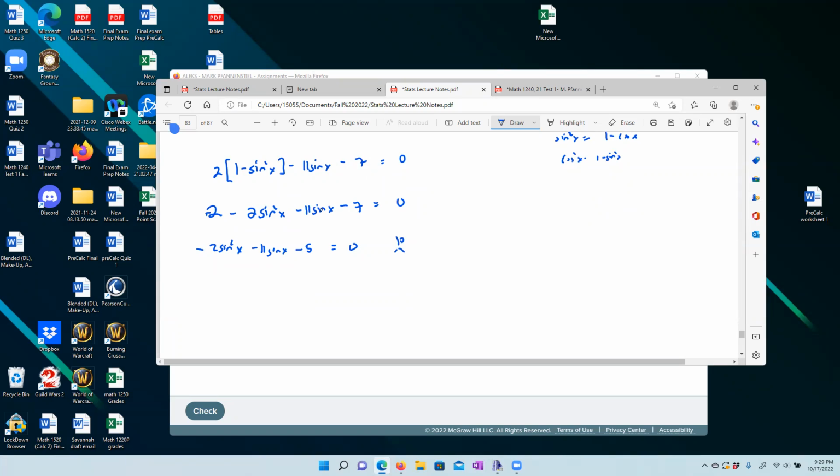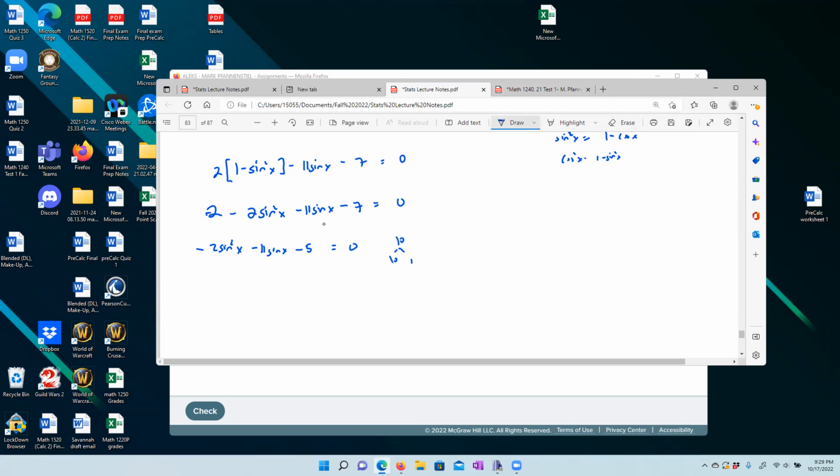Okay, 2 times 5, that's 10. Can you think of two numbers that multiply out to 10 but add up to 11? I think 10 and 1 will do it. Actually, I'm going to change my signs here for just a second, because I work better with positive coefficients than negative coefficients. We can work with both.